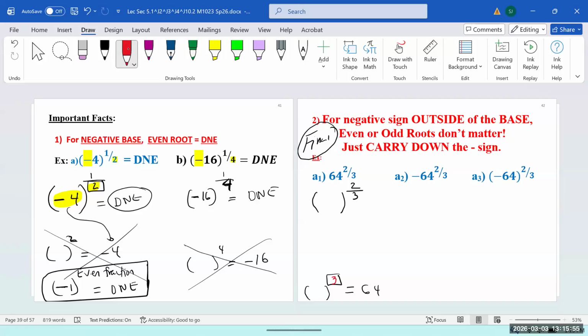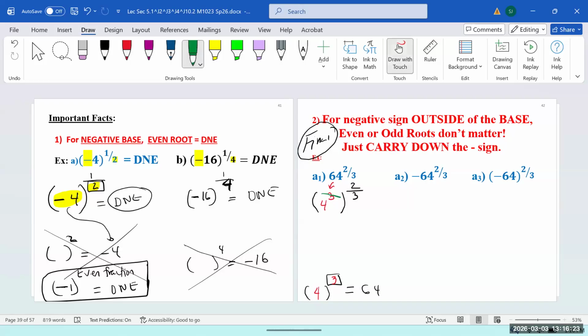2 times 2 times 2 is 8. 3 times 3 times 3 is 27. So not 2, not 3. How about 4? 4 times 4 is 16. And what is 16 times 4? 64. So 64 is actually 4 cubed. So we rewrite this as 4 cubed.